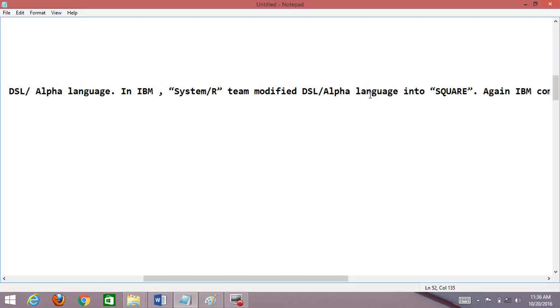Again, IBM changed SQUARE into the SEQUEL language. SEQUEL is a Structured English Query Language.